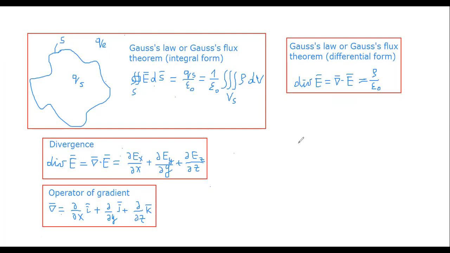And the differential form is useful when we know the electric field intensity and we want to calculate the density of electric charge. So both forms can be used for studying electric fields and systems of electric charges.